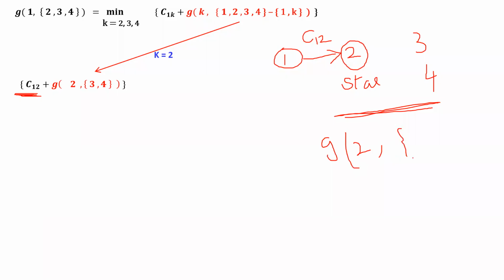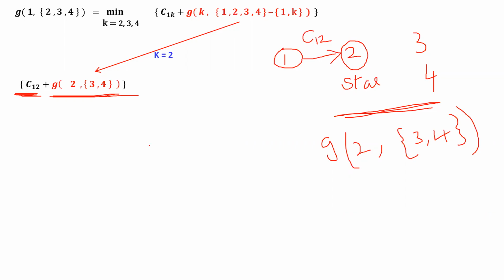The remaining cities to be visited are 3, 4. So this is the cost function for the sub-problem. That is what I have written here, g of 2, 3, 4. 2 is the starting city, 3, 4 are the remaining cities. G is the cost function, which gives you the length of the shortest path.